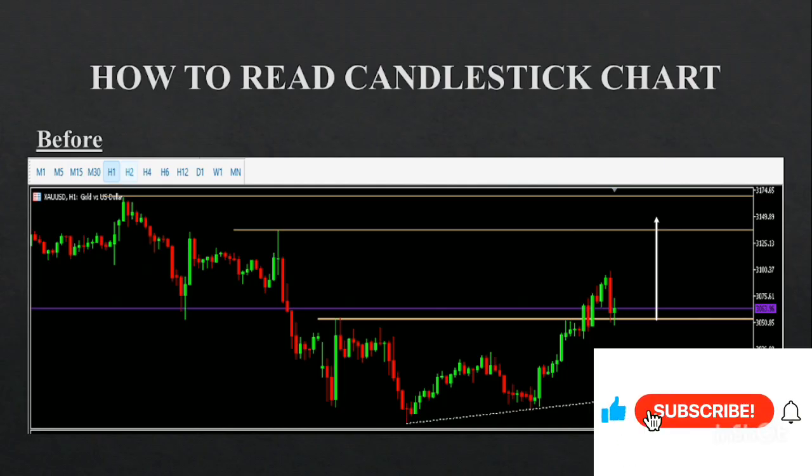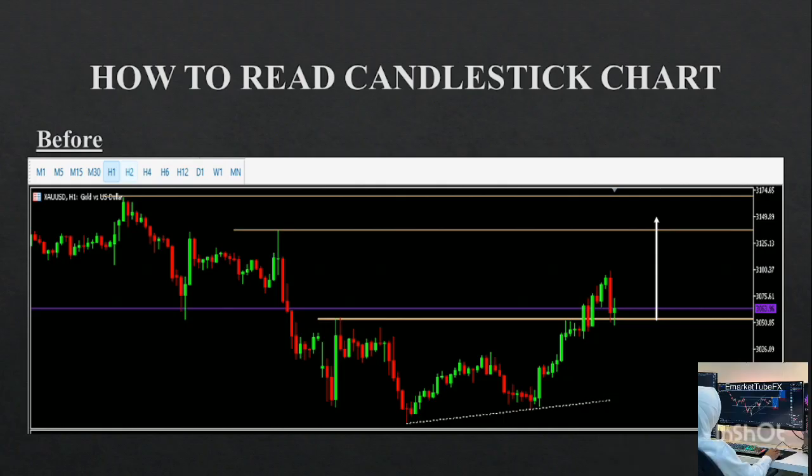I'm a price action trader. I use purely the candlesticks to do my technical analysis to decide. I don't use indicators to decide where price is moving to. I use purely what we call price action as a strategy to trade the market.